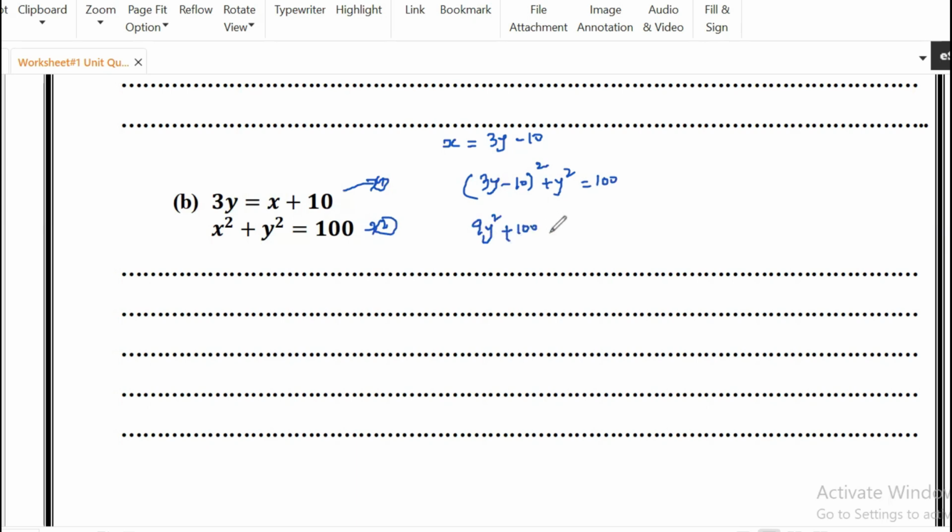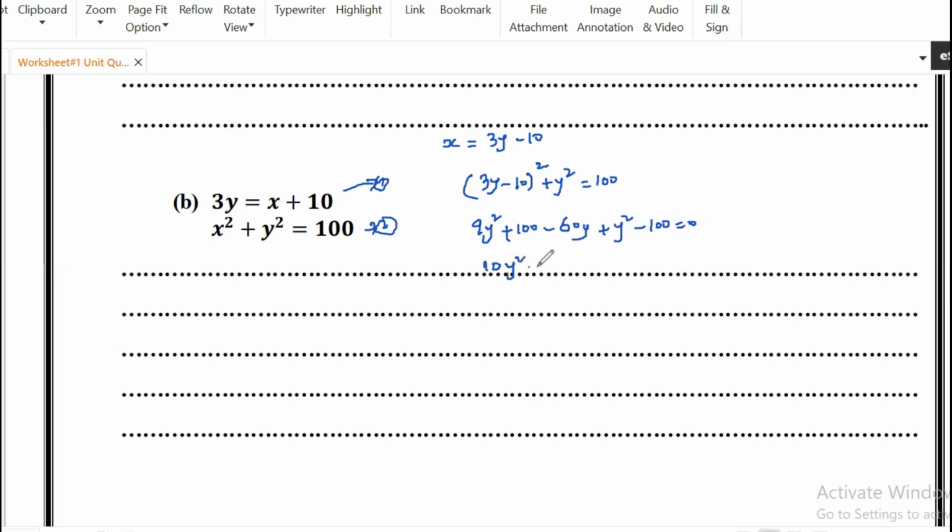So once we expand, it is 9y squared plus 100. I'm using the formula concept, minus 2 into first one, second one. So 10 threes are 30, 30 multiplied by 2, 60. So 60y, and bring y square the same. Bring this minus 100 into the left side, so it becomes minus 100. And then we will try to solve the like terms as well, like 9y square plus 1y square is 10y squared.